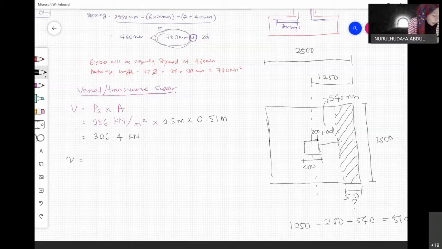So we have the formula which is shear force divided by BD. Okay, so 326.4 times 10 to the power 3. We convert it to Newton and divide by B, here is 2500, and times the D which is 540 mm.